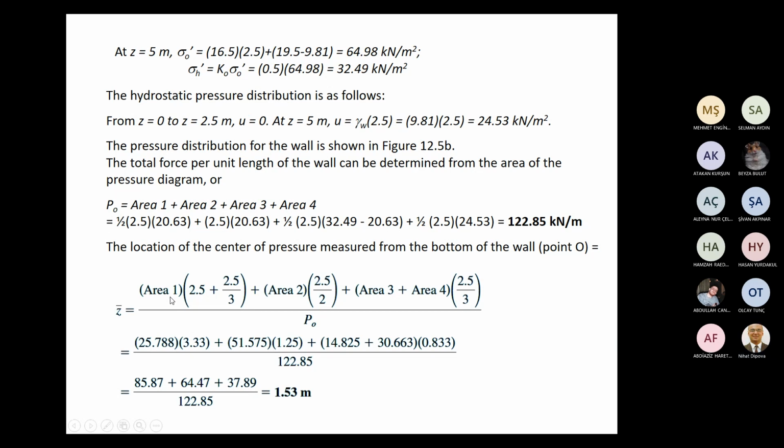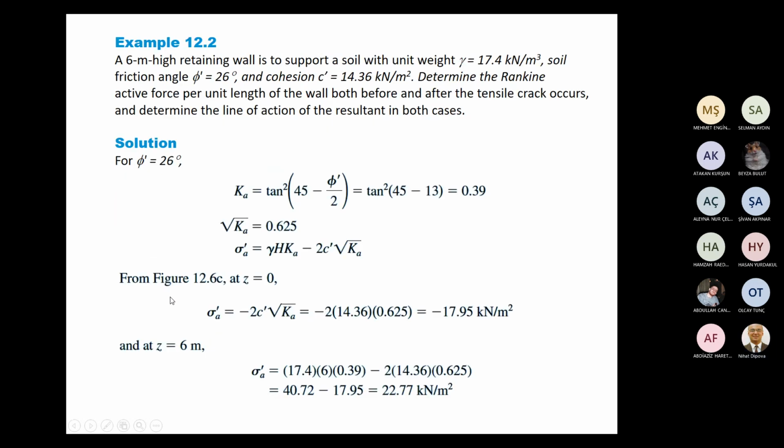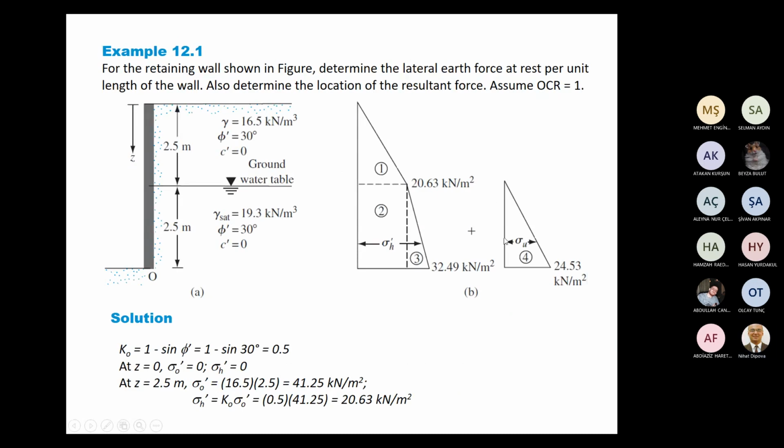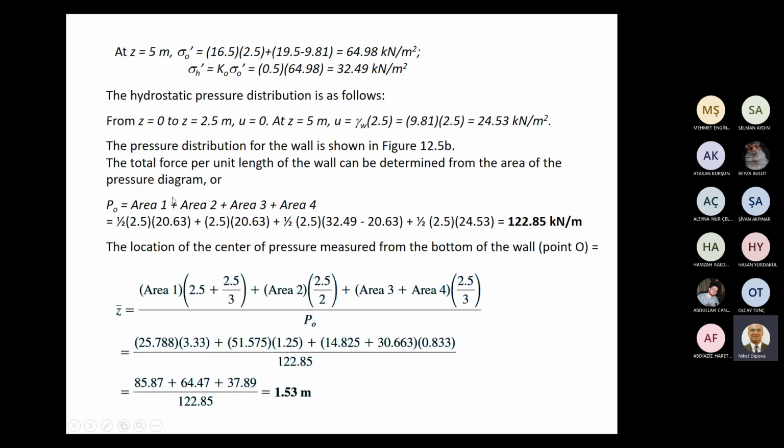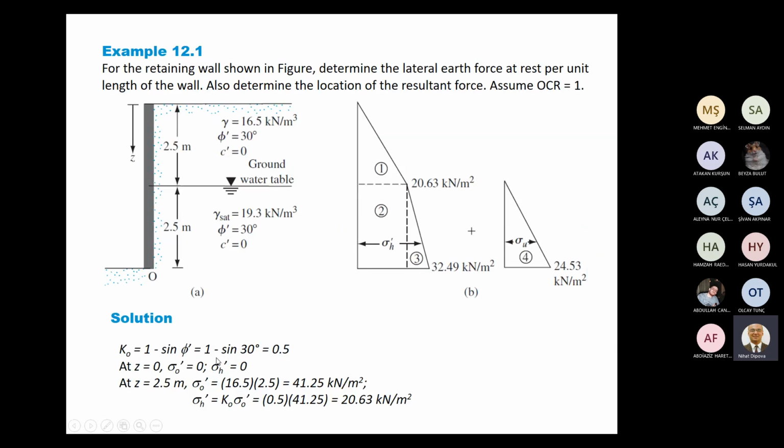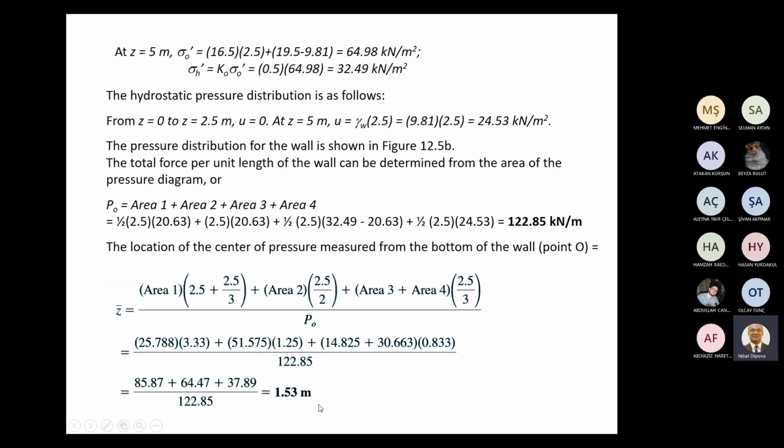P0 will be summation of these four areas: area 1, area 2, area 3, area 4, and the location of center of pressure measured from the bottom of the wall can be calculated using this equation, and Z bar is 1.53 meters.